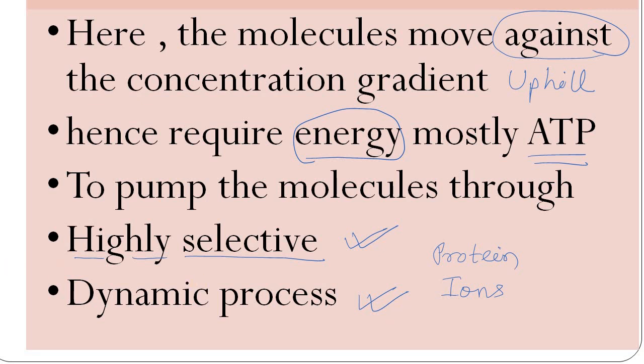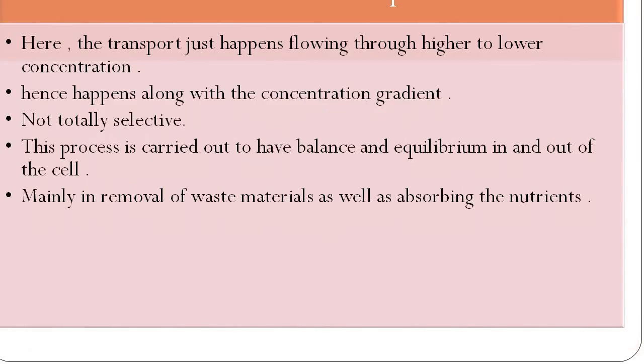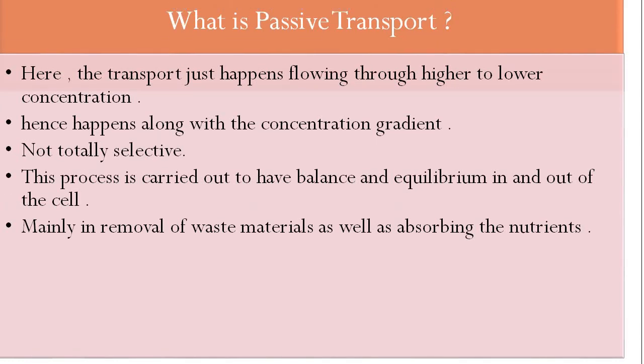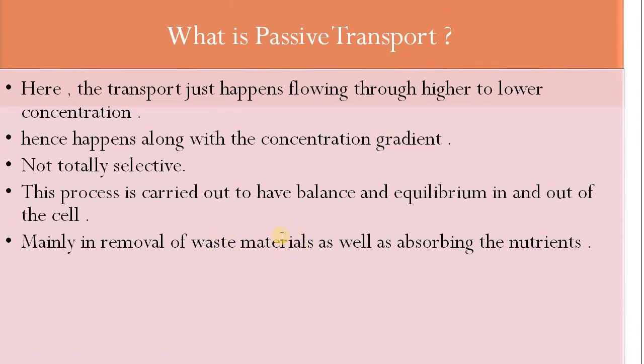Then we will go to passive transportation. Now in passive transportation, how is it different from active transportation? The transport just happens, go with the flow. It is basically a downhill movement. We don't need to apply any force or do any work on it.